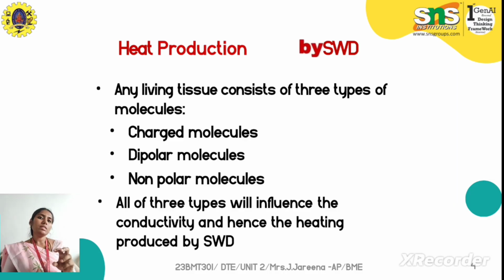So we induce heat, raising the temperature over the targeted area by applying high frequency waves. In shortwave diathermy we send a waveform of 27.12 megahertz, as we discussed. When this waveform interacts with the tissue, the ions inside undergo a few reactions, which end up with heat production or a rise in temperature over the targeted area.